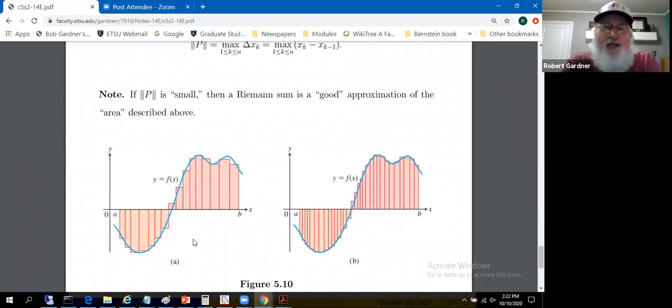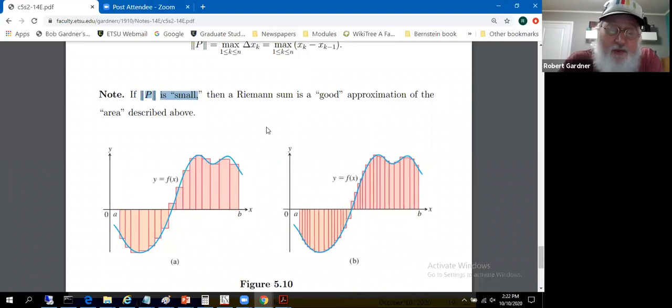Just because you cut it into a lot of pieces doesn't mean you're getting a good approximation. What you need to do is cut these regions into small pieces. Now, I could have big chunks over here and infinitely many little pieces over here. Well, I'll have an excellent estimate over here, but not so good necessarily over there.